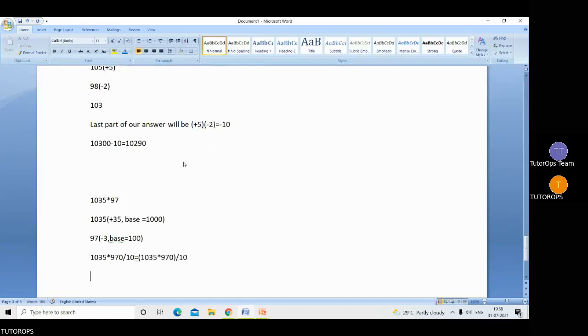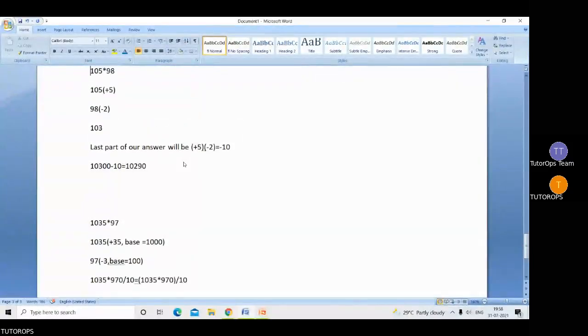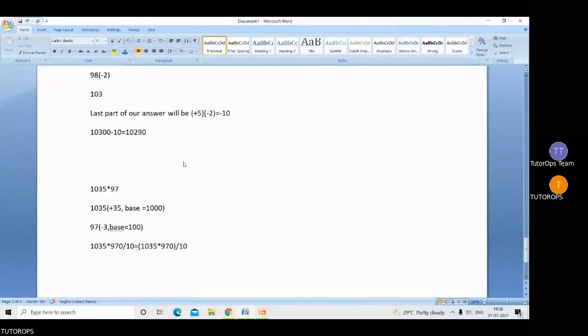Then 970 is 30 deficient from the 1000 base. So 1035 and 970 are near about the same base, and for the same base I have mentioned the previous method. I just copy the method this time also.